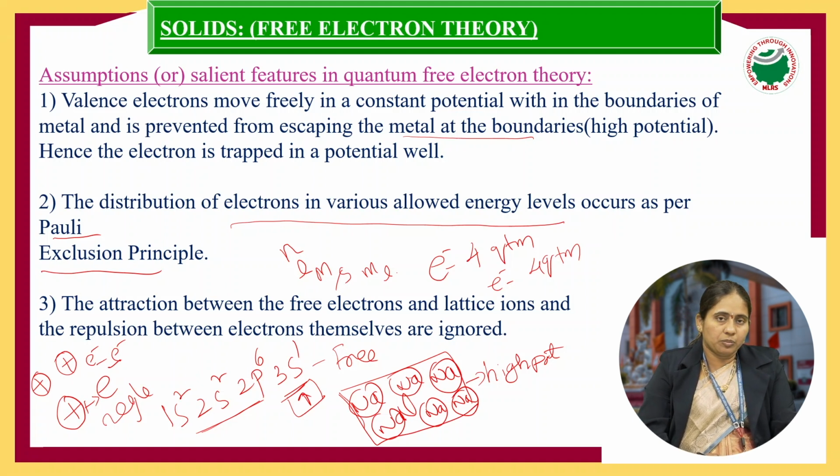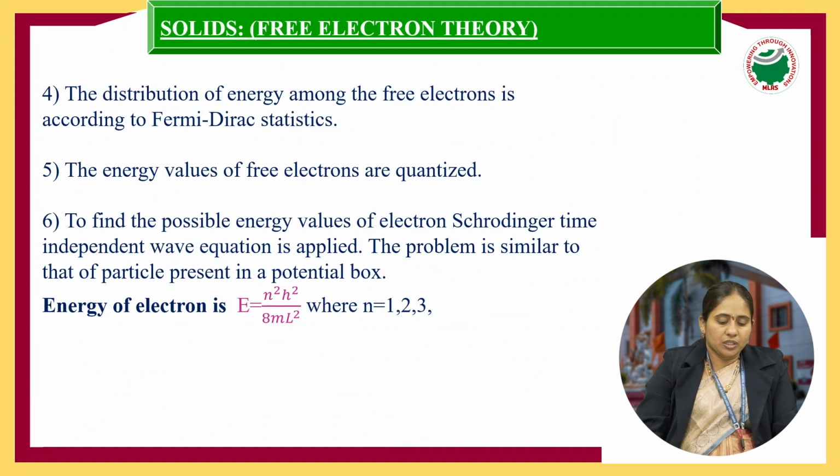The attraction between the positive nucleus and negative electrons is ignored, meaning negligible. That is the third assumption. The fourth assumption is that the distribution of energy among the free electrons is according to Fermi-Dirac statistics, that is, only two electrons can exist in a single level.